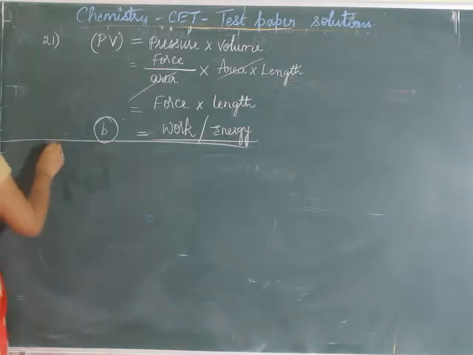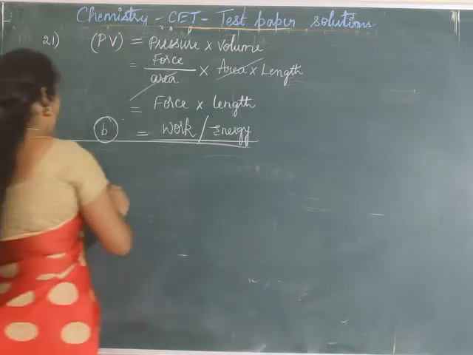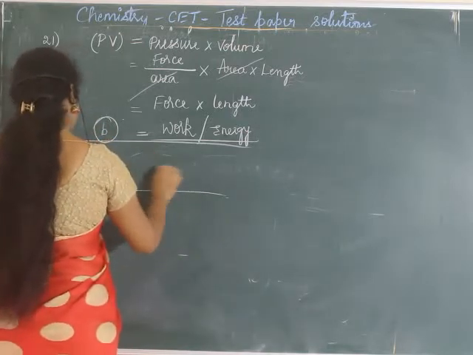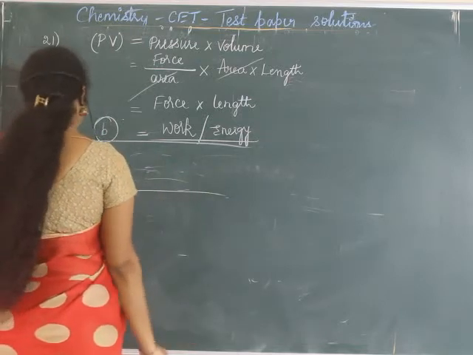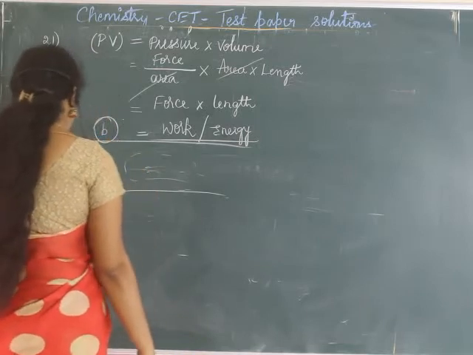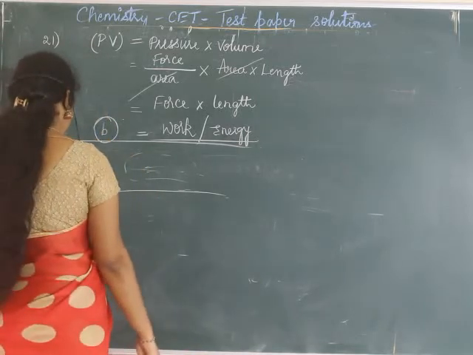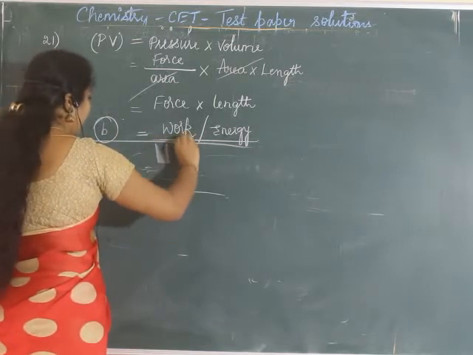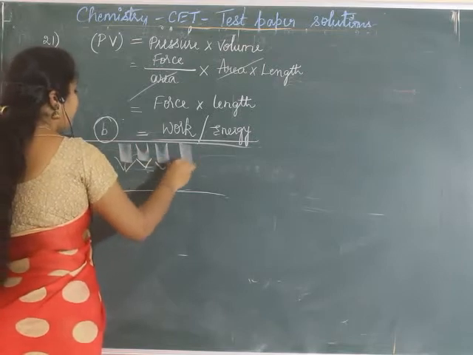Next is 22. Air is dense at sea level. This is a practical application of. Okay, at sea level the air is very dense, thicker. The reason is it is compressed by the mass of air above it.